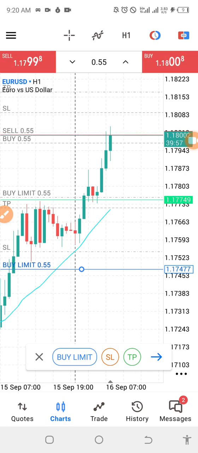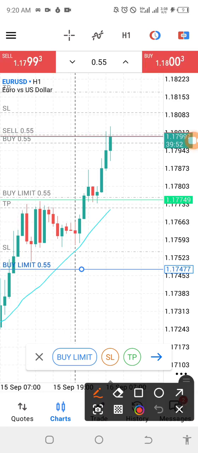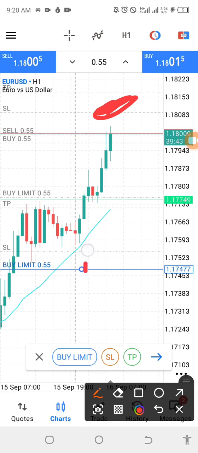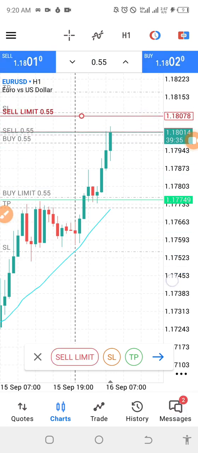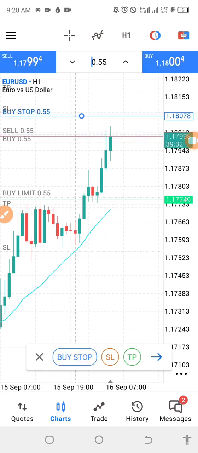So for instance, let's say my POI is around this zone here. That's a point of interest above price. If my point of interest is above price, I will come with my buy stop, and then I will put my stop loss.